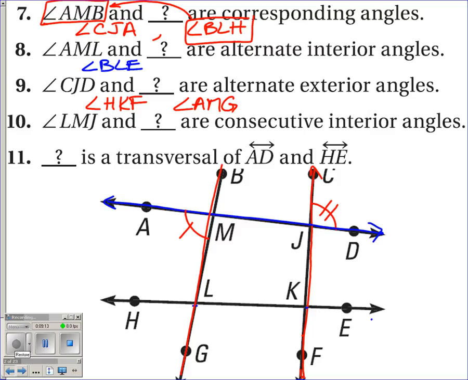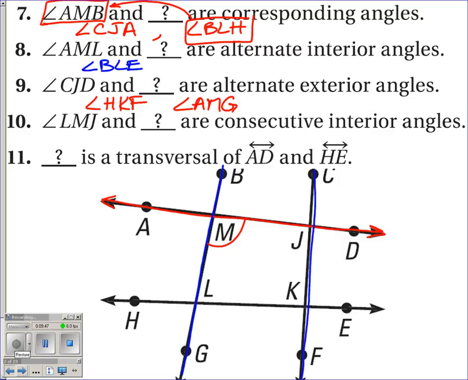Let's keep moving. Consecutive interior, again, I'm going to call those same side, as most texts do. But we've got to find where they are. Well, the first angle is angle LMJ. It's this one right here. Well, if you want to be on the same side, it's the same side of a certain transversal. I'm making this line right here the transversal, which gives me two lines here in blue that it's crossing.